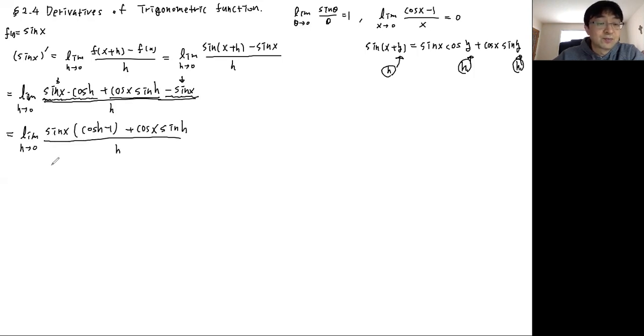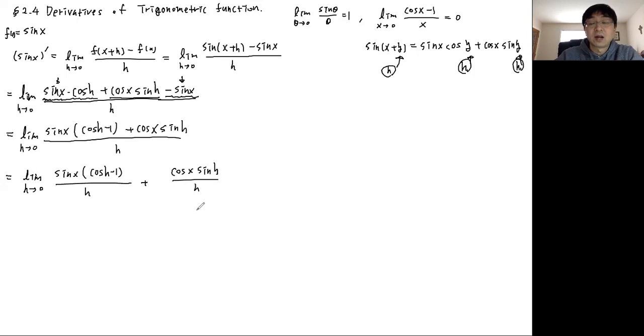Over h. Next, you have to split into two fractions. The limit as h approaches 0 of sine of x times cosine h minus 1 over h plus cosine of x sine of h over h.